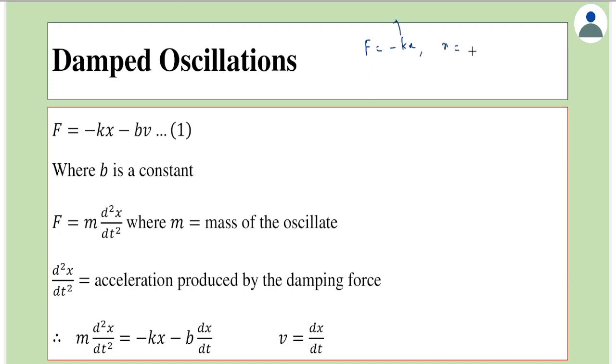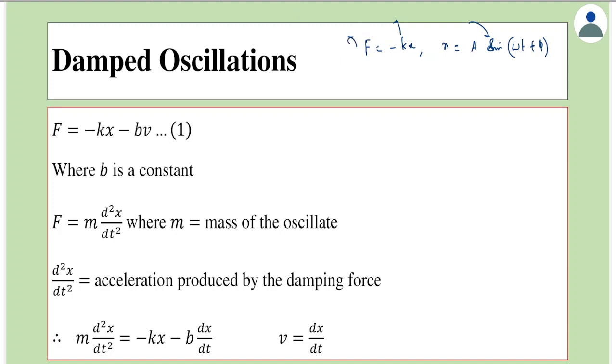And x was of the form of sine or cosine. So we can take x is equal to a sine of omega t plus phi. We can take cos also here, it has the same meaning. This is for a free oscillation or simple harmonic motion.